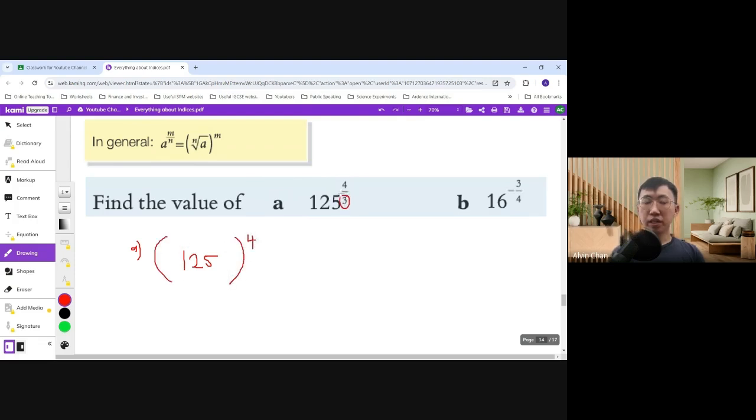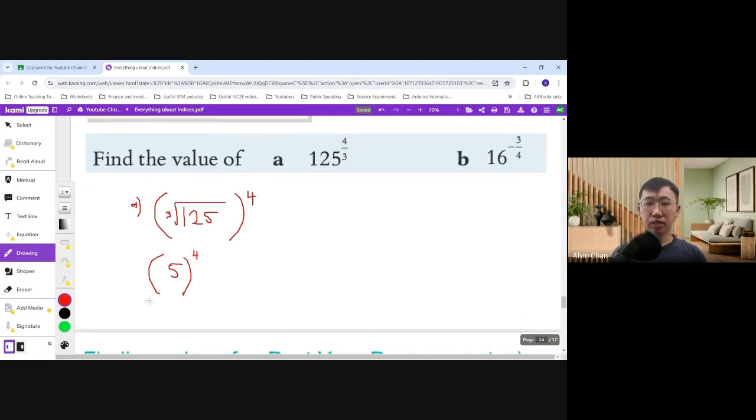This bottom number is for the root. So if it's 3, then you go for cube root. Everybody solve inside the bracket first. So what you can do, you can solve cube root 125. Okay, so teacher get 5. Now raised to the power of 4. And what is this? What is the final answer? 625.